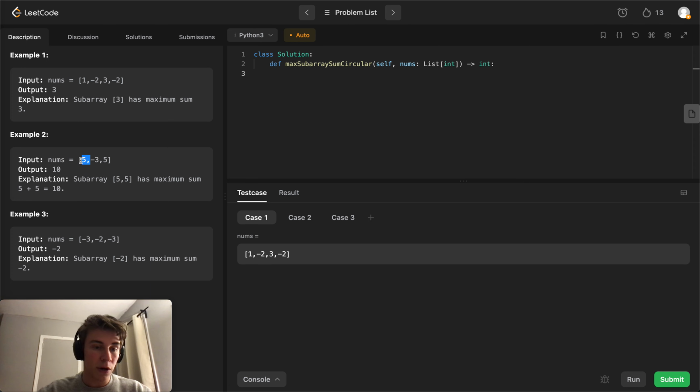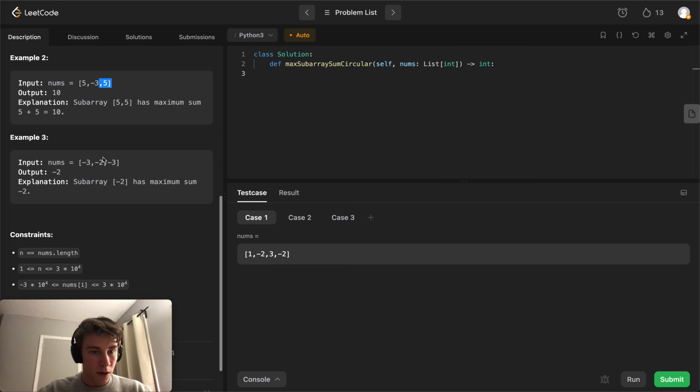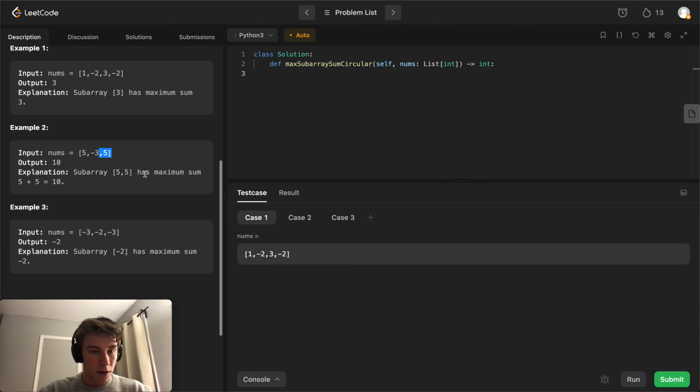And here, you can wrap around, since it's a circular array. I guess there are two possible solutions.